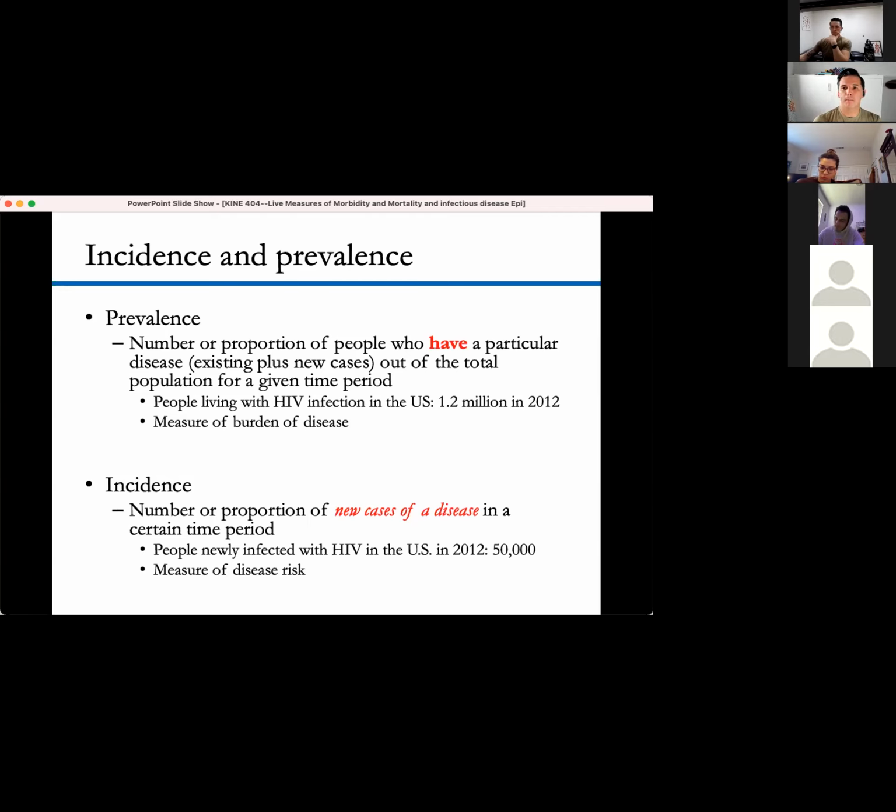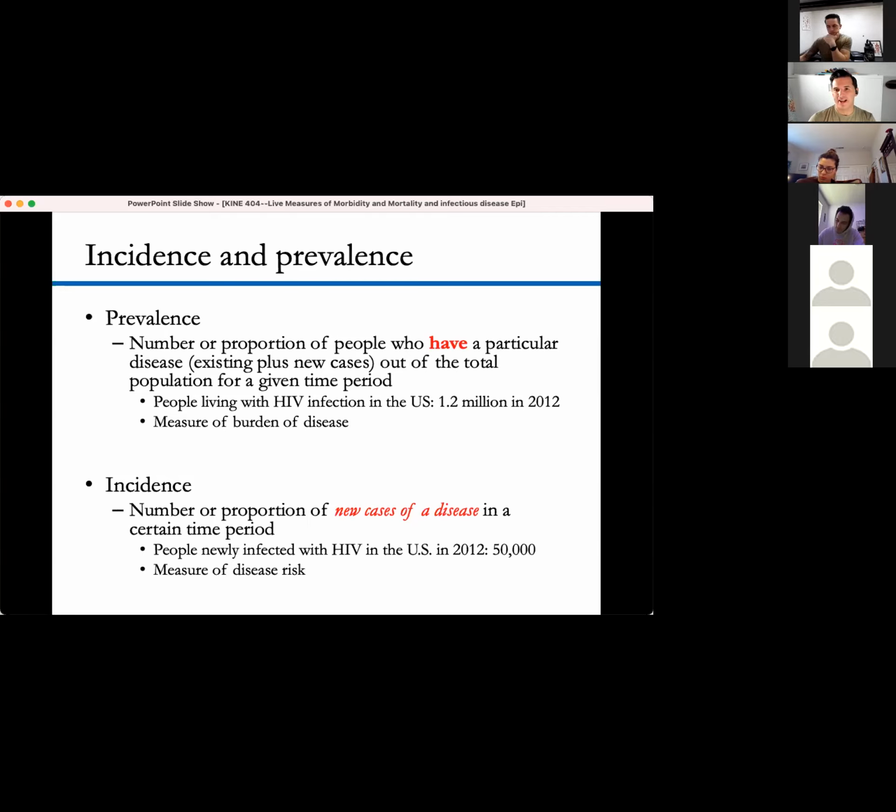It's a measure of burden of disease, and we could calculate it as a percent as well. If I take that 1.2 million people who were living with HIV in the United States in 2012 out of the total population of just over 300 million people, the prevalence of HIV would be around 0.3 to 0.4% of the population.